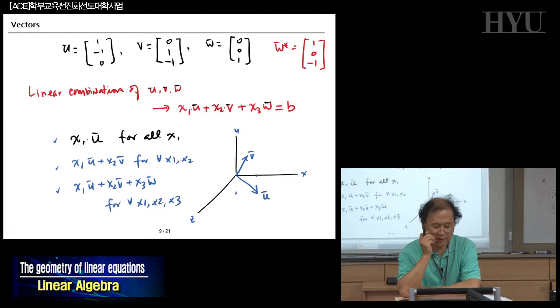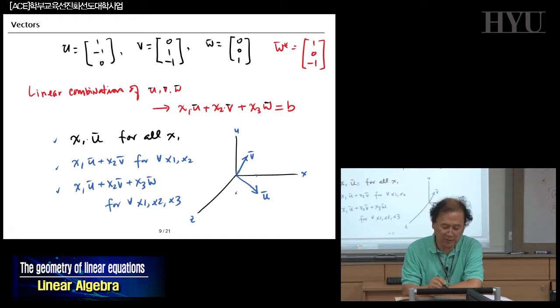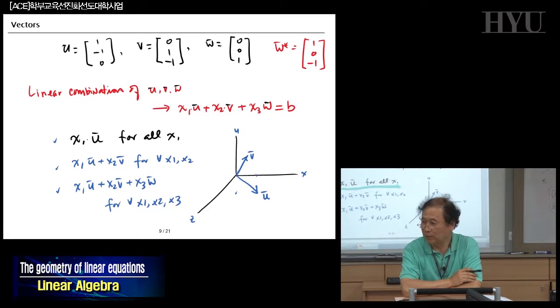So we know what vectors are, right? We assume we have three vectors, U, V, W. So we can combine them, right? Let's talk about it. We just combine only vector U with X1 for all X1. So what does it constitute? It's vector U multiplied by X1 for any values of X. So what is it in that case?